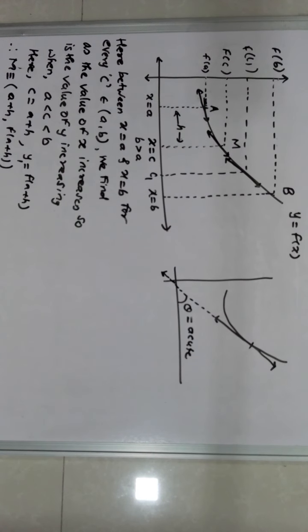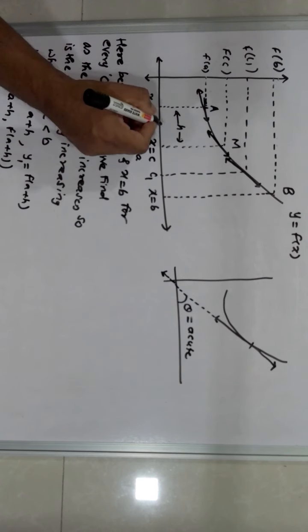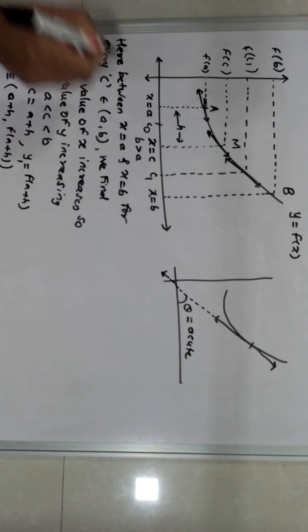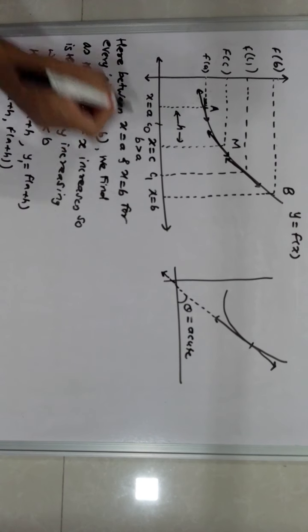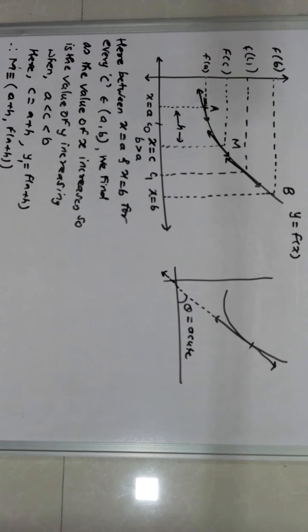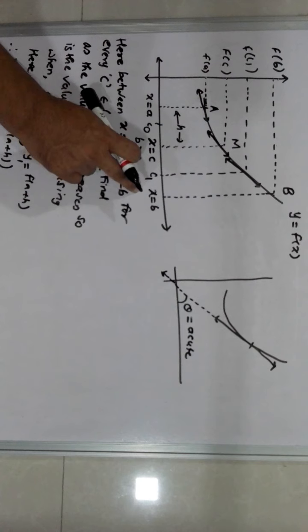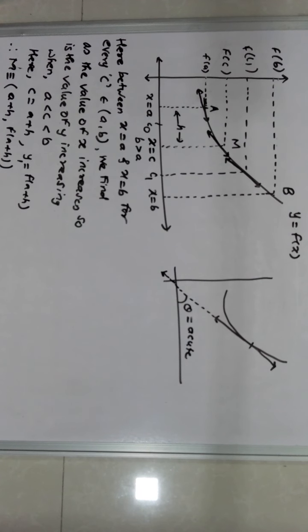That means I can say here that tangents which are drawn at point C0, C1, or even at C, all the tangents have acute inclination, that is, they form acute angle with positive direction of x-axis.